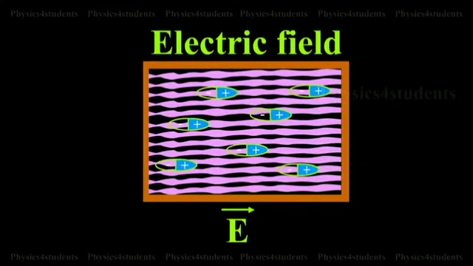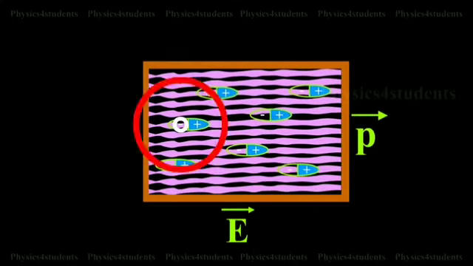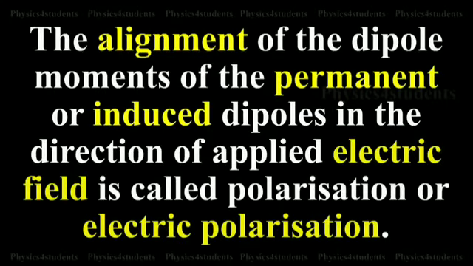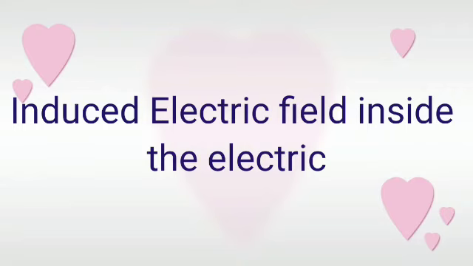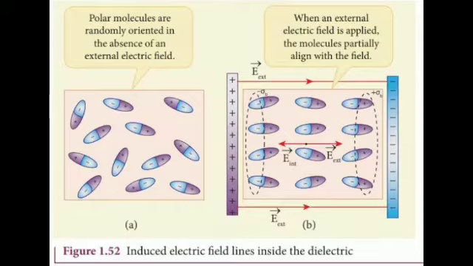In the presence of an external electric field, the dipole moment is induced in the dielectric material. Polarization P vector is defined as the total dipole moment per unit volume of the dielectric. Next, induced electric field inside the dielectric.